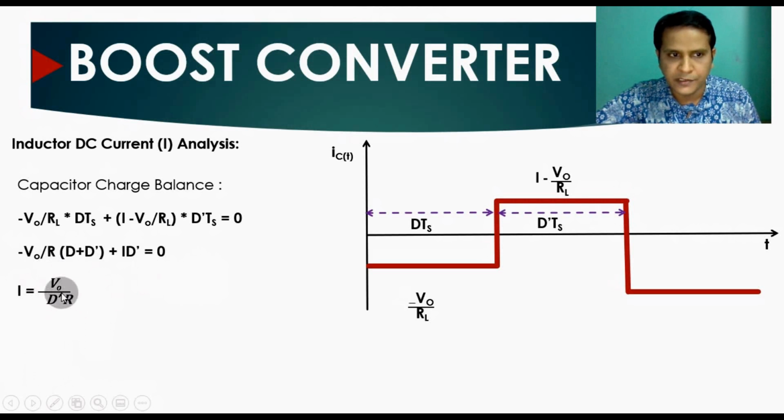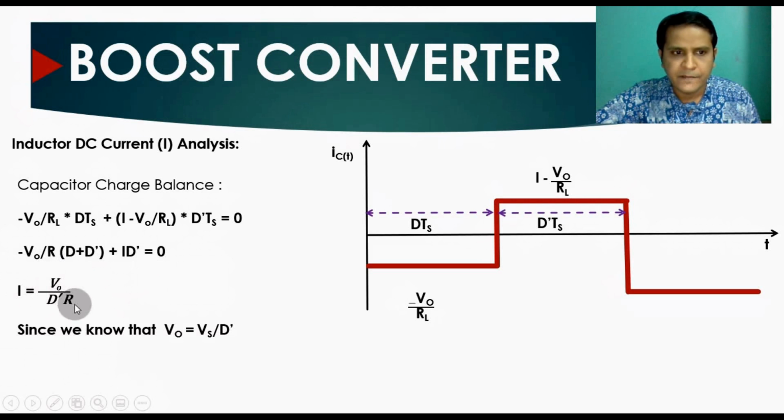This is the load resistance. So inductor current I is given by VO divided by D prime times RL. Since we know that the output voltage of boost converter is given by Vs divided by D prime times, if you replace your VO here, you will have the equation I equals Vs divided by D prime square RL.